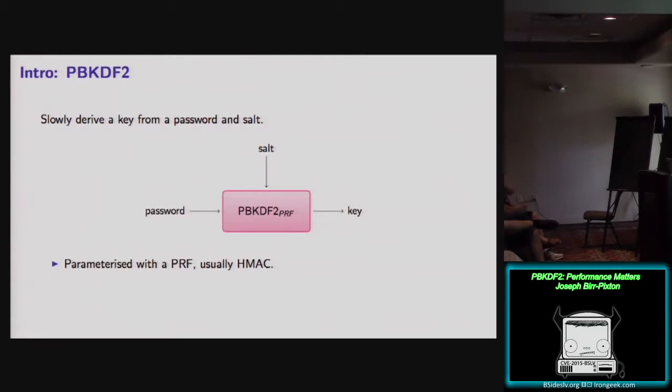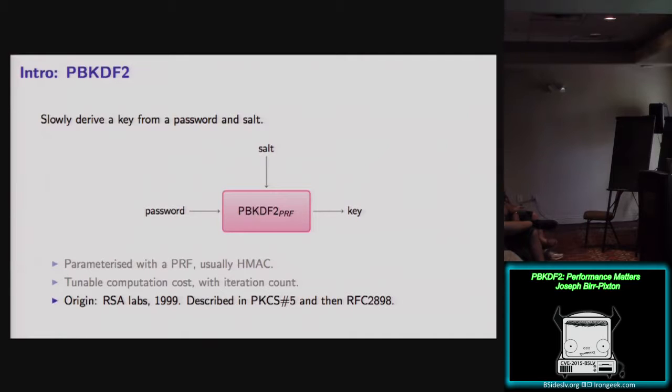The main thing is you put a salt and the password in, and you get a key out, and you can tune it to make it take a different amount of time. And it came from RSA a long time ago.